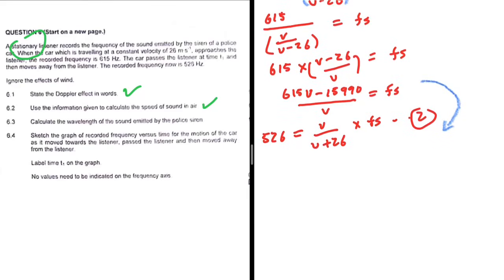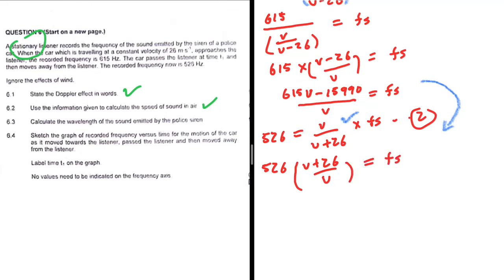Can we take this to the left hand side first? Okay, let's take that to the left hand side first. If we do that, we're going to have 526 multiplied by (V plus 26) divided by V. We are applying what we applied on the first equation.